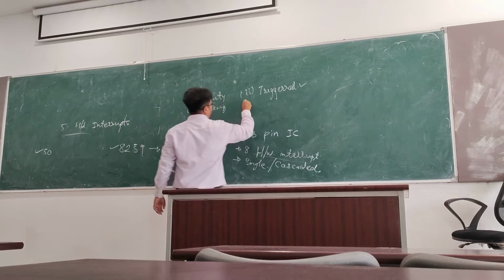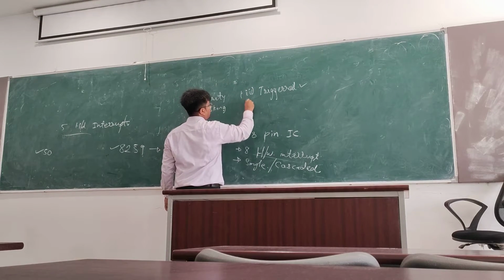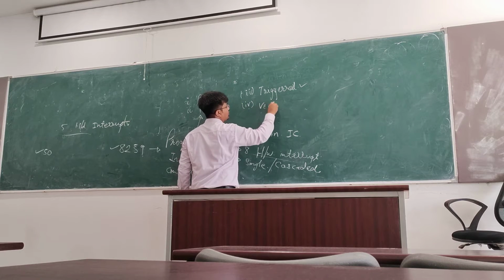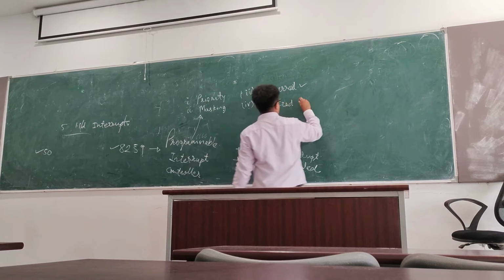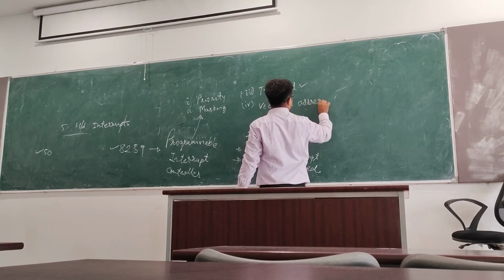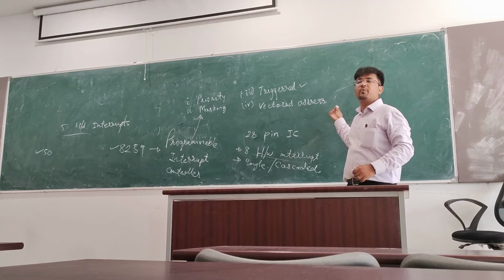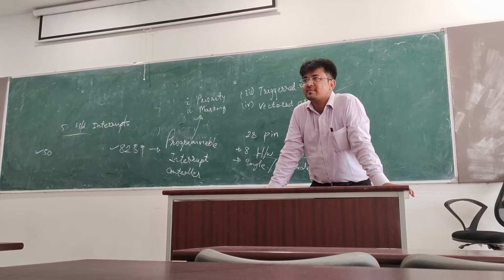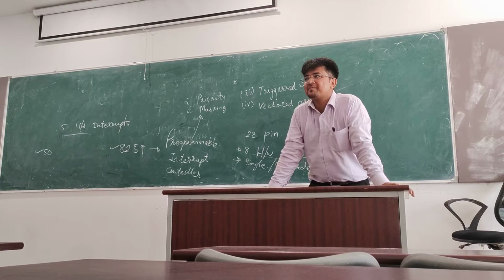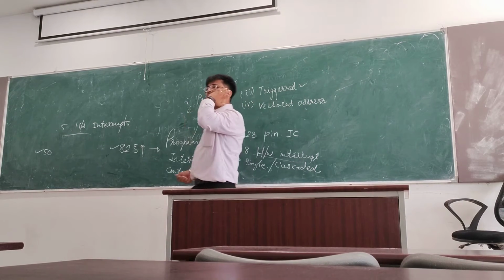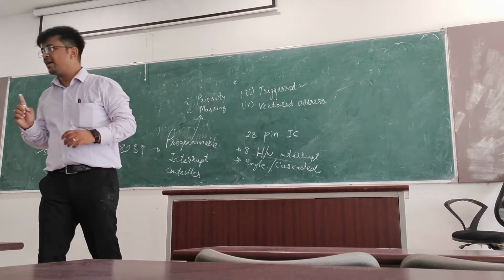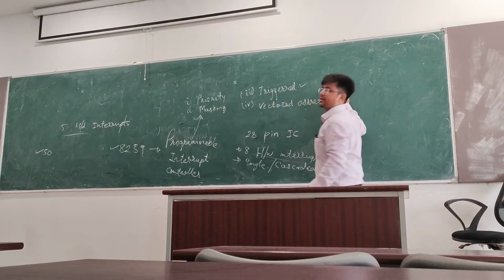And the last is vector address. What is this vector address? Which address? The address of ISR. Okay. Even the address of the ISR you can set here.